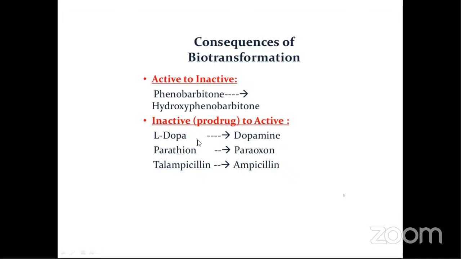Next is parathion, which is converted to paraoxon. Next, ampicillin is converted to ampicillin. So these are the active forms of the drug, and these are inactive or prodrugs. So you remember the examples.